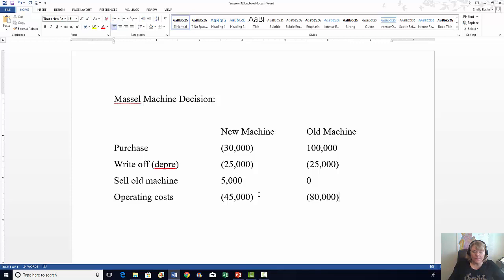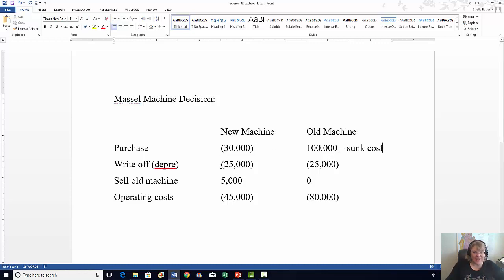Okay, so now we want to take a look at the costs that are relevant. Now the old machine here, this is a sunk cost. We cannot take that into consideration because it's already spent. We've already spent it, and it bears no relevance on this decision.